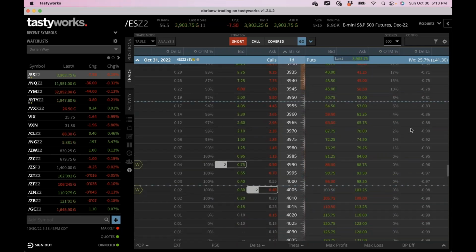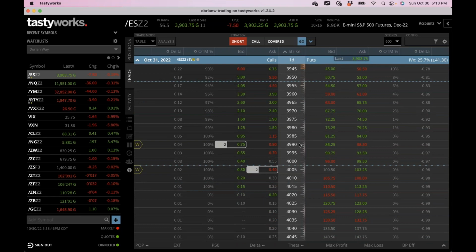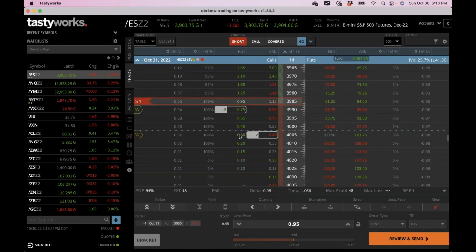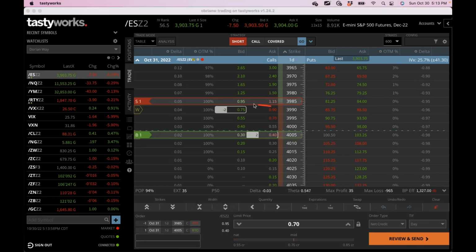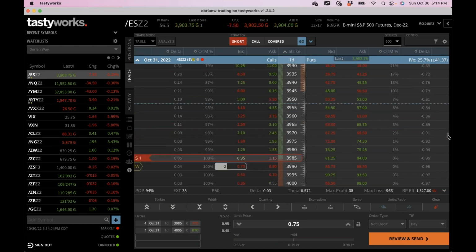But let's just say we're going to put on a new one, and what I'm going to do is sell this 5 delta initially, and I'm going to do a 20-point wide. Okay, you can see the one we did on Friday was a 15-point wide, but I'm going to do a 20-point wide now. And then if we go to the put side, we're going to do something very similar as well.